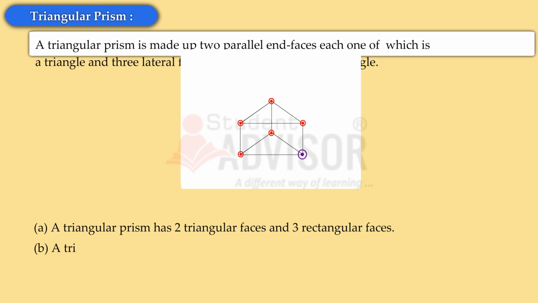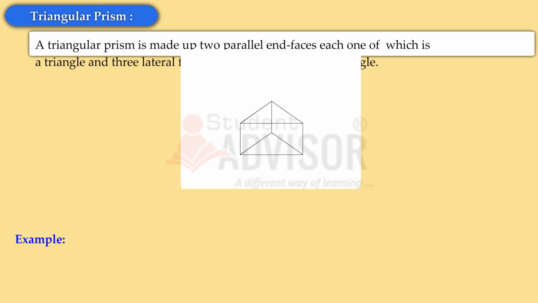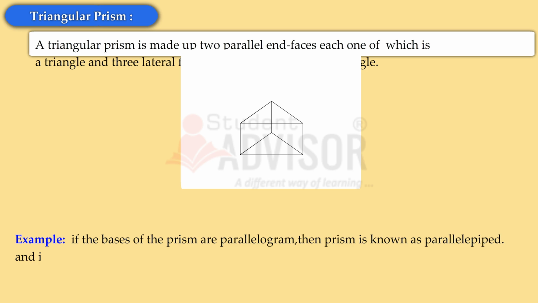B. A triangular prism has 6 vertices. C. A triangular prism has 9 edges. Study the given example. Triangular prism. A cuboid is also called a rectangular prism.